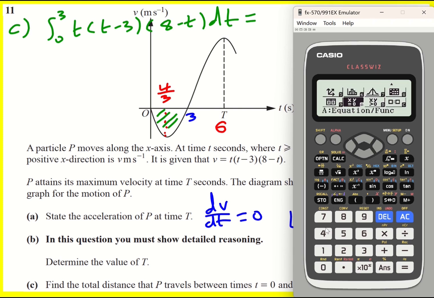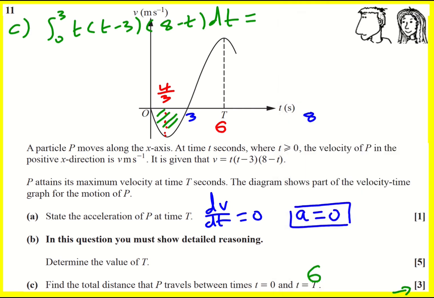Okay, so I'm in integration mode now. Replace everything by x, but it's the same sort of thing. Okay, minus 117.4 or minus 29.25.